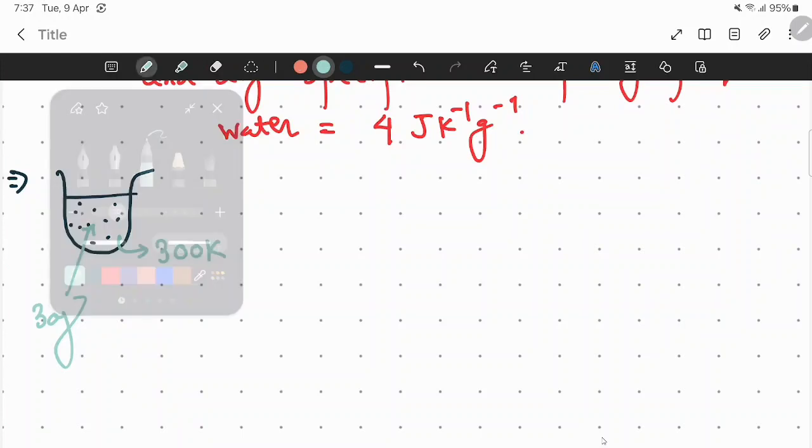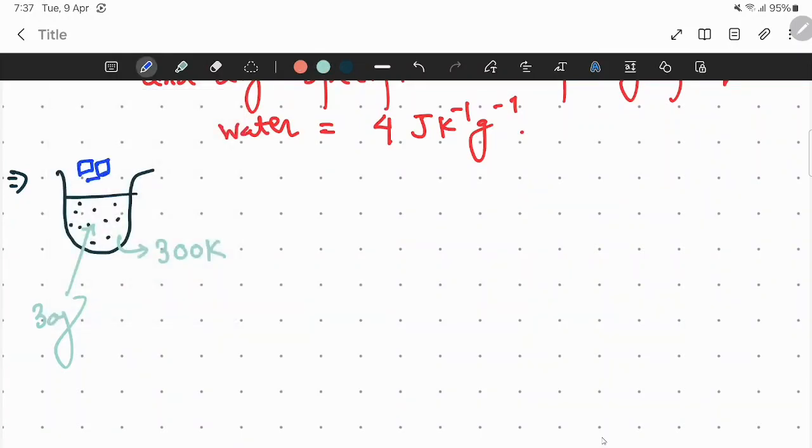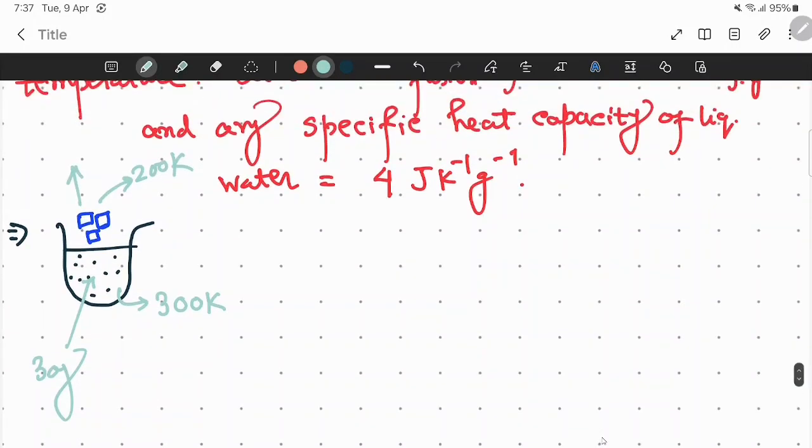and we have added some ice, temperature 200 Kelvin, and the weight is 5 gram.